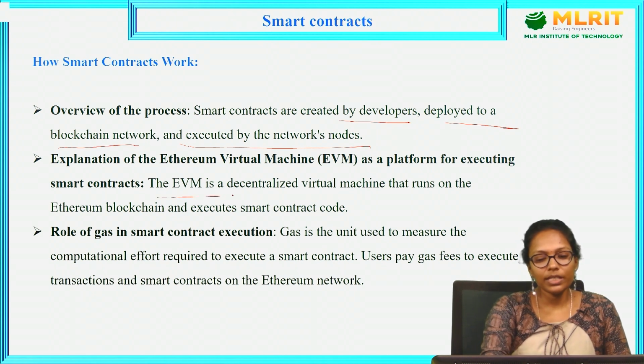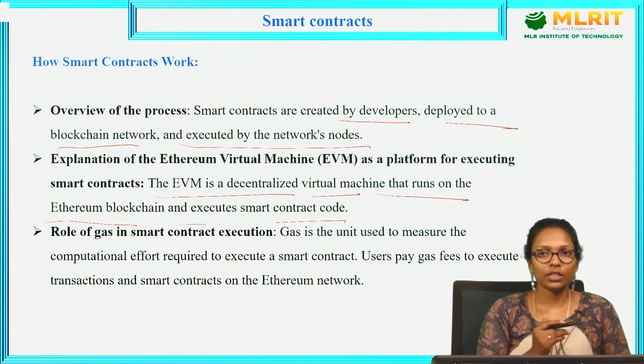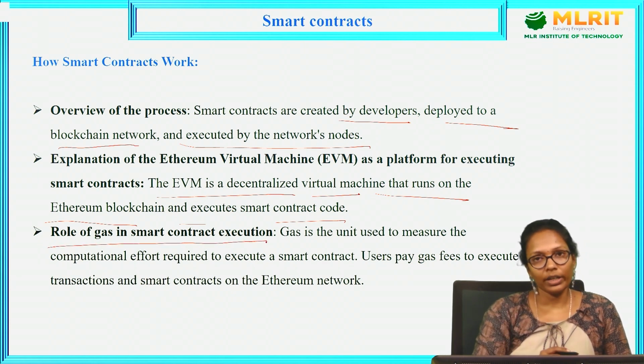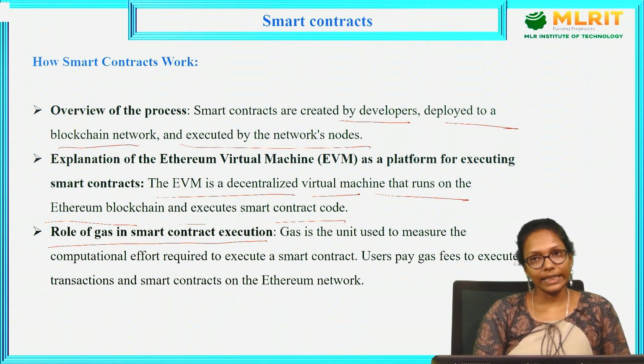The EVM is a decentralized virtual machine that runs on the Ethereum blockchain and executes the smart contract code. So the Ethereum Virtual Machine is the platform where we execute our smart contract. Now the role of gas in smart contract execution: if I want to execute my smart contract in the Ethereum network, in the Ethereum Virtual Machine, I need to pay some amount in the form of ether.